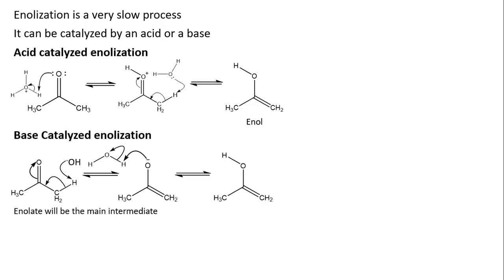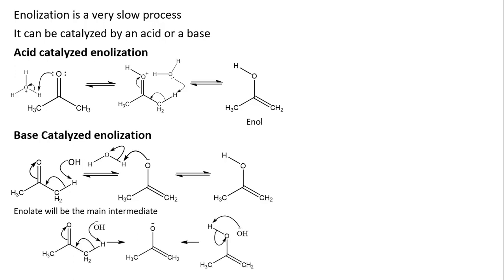So overall, enolate is the main intermediate, because whether we have the ketonic form which has the alpha hydrogen which is acidic, or we have the enol, the hydrogen attached to the oxygen is also acidic. So from the left side, as we have seen earlier, it will generate an enol by the abstraction of alpha hydrogen, and from the right side we can see the same thing is being done in another way.